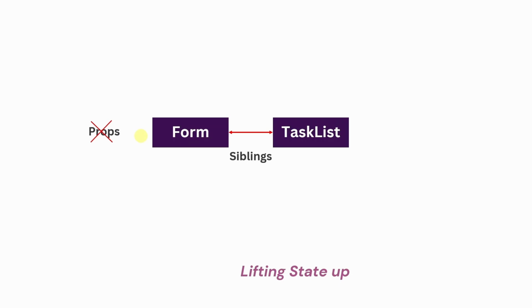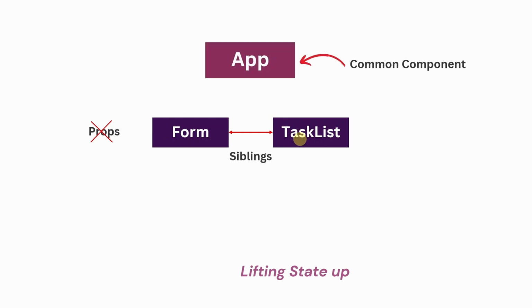In this technique, what do we do? The first step is finding the common parent. The common parent for form and task list is our app component, which is the parent for both. So first we find the common parent, and then we put the state in that common parent.